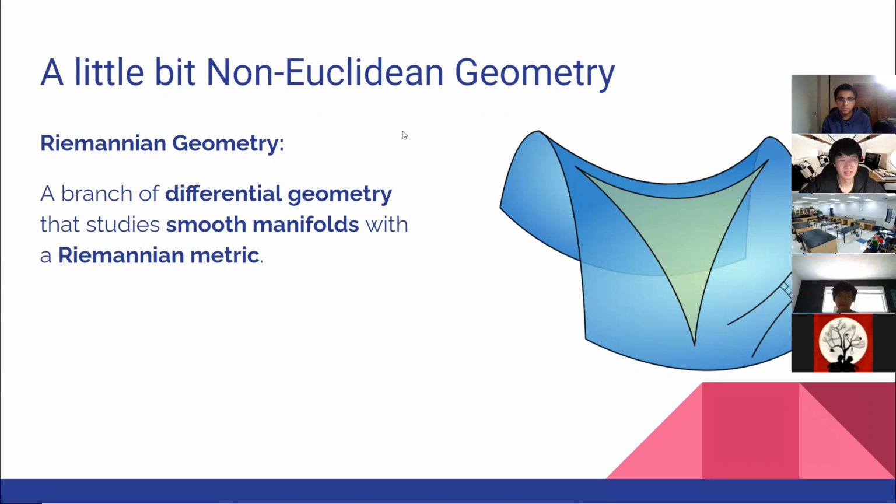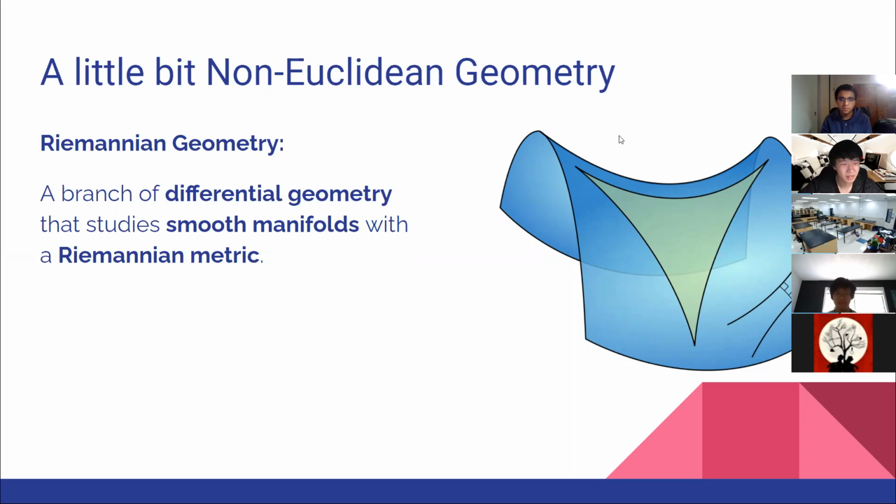But in Riemannian or non-Euclidean geometry, not all the axioms hold true. Technically, Riemannian geometry is a branch of differential geometry that studies smooth manifolds with a Riemannian metric. This definition is really technical, but I'll explain the terms one by one.